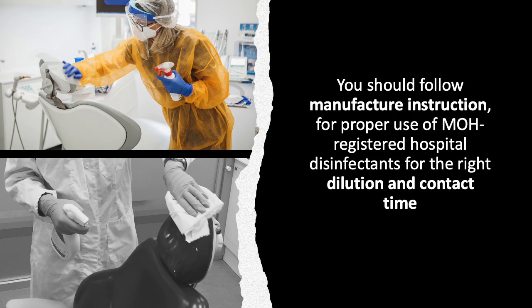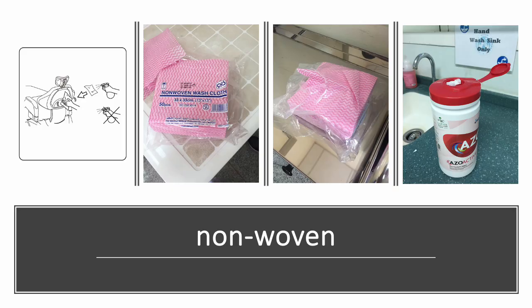And remember, in order for the disinfectant to be effective, you should follow the manufacturer instructions for the proper use of the MOH registered hospital disinfectant for the right dilution and the right contact time. Use non-woven towels when cleaning the chair. These towels are single use and they won't leave any mark after using them.